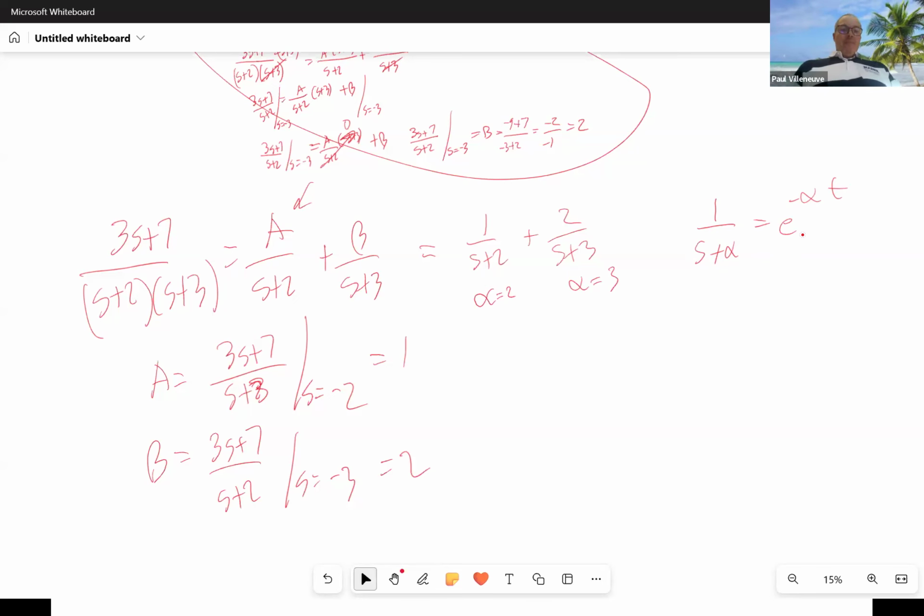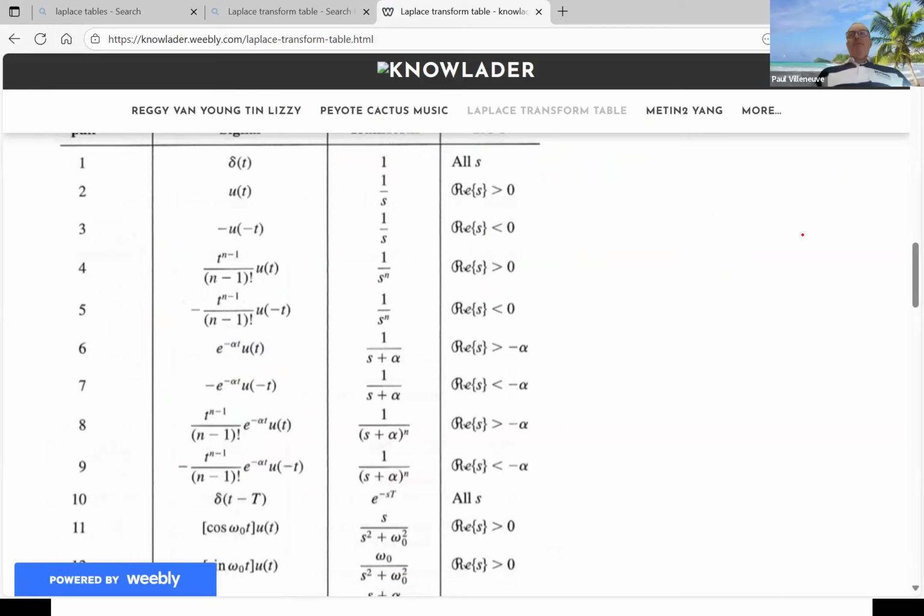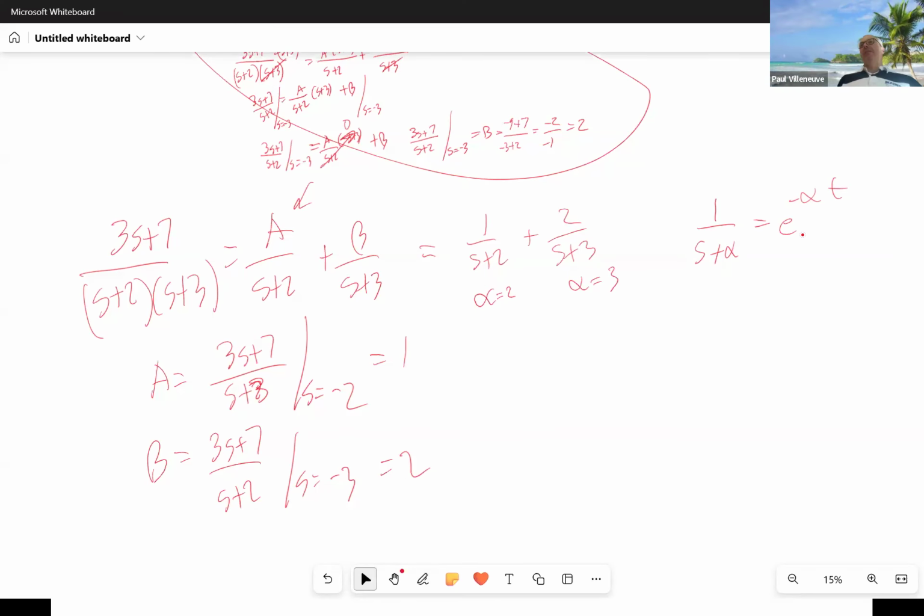So now, if I look closely, you'll notice in item number 6, there's a 1 for the multiplier up top. I'm good to go for this one. What about right here? I've got a 2. So how do I deal with that? No problem. This is 1 over s plus 2 plus 2 multiplied by 1 over s plus 3, right?